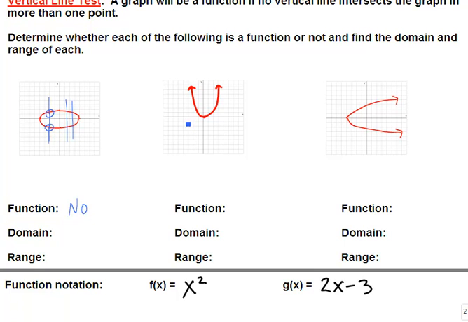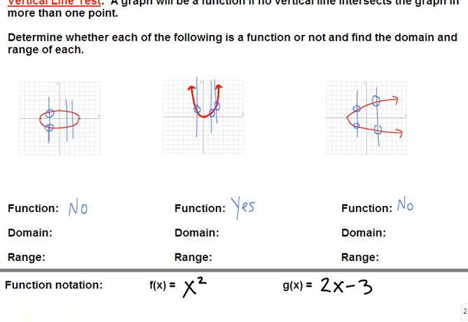If we use our vertical line test on the next example, no matter what vertical line I draw, each vertical line is only intersecting once, and that's a good thing. That means we do have a function. On the last example, if I draw my vertical lines, they are intersecting twice, so I have vertical points, x's are getting used twice, so this would not be a function.